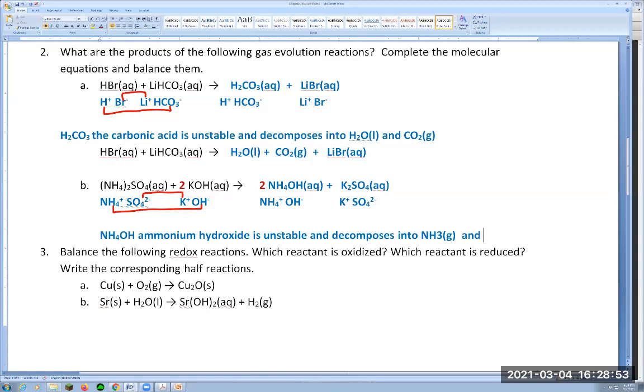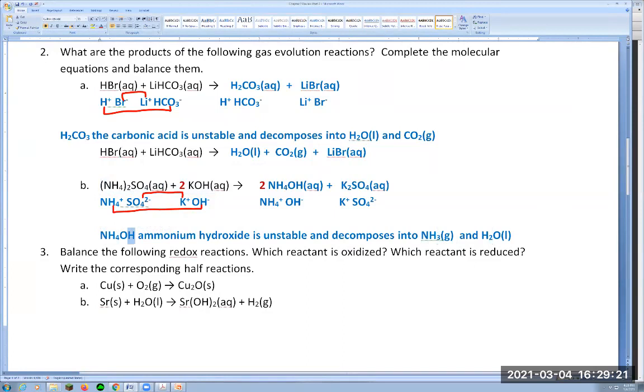And then the other compound will be water again, which will be a liquid here, because we are starting with an aqueous solution. So ammonia is NH3, that's a gas, and then water. You look at the formulas, you have 1 N. The 4 hydrogens plus 1, that's 5 hydrogens.